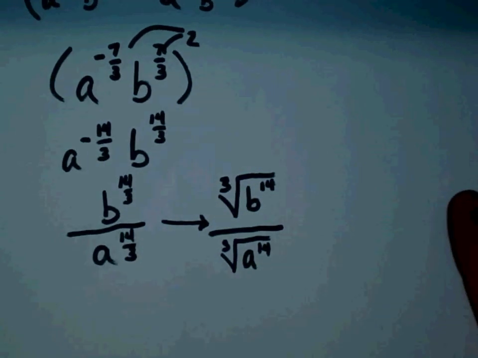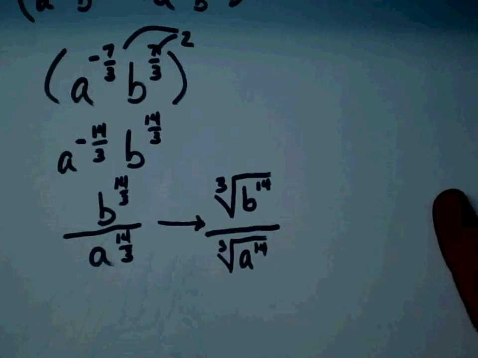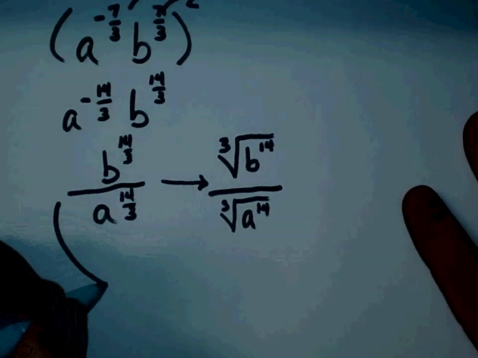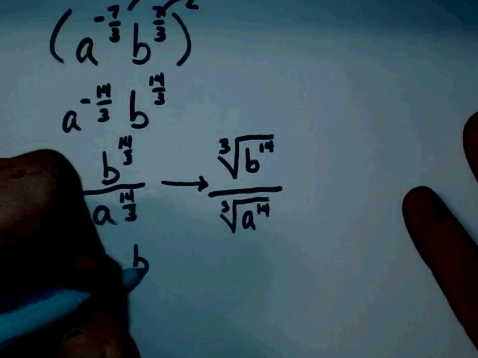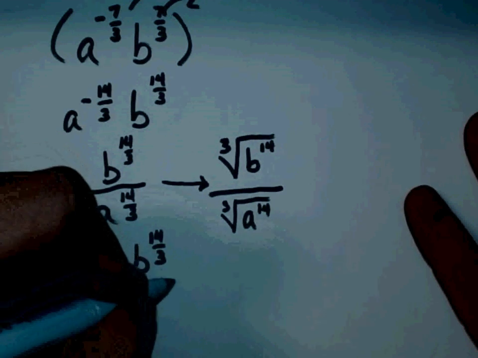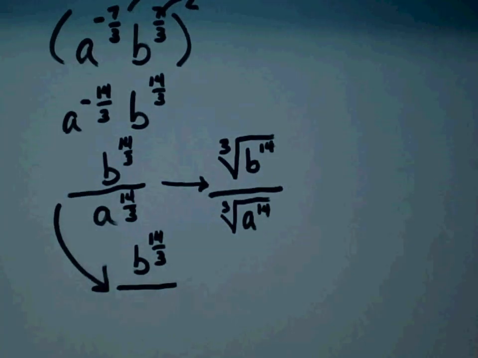All right, and so now let's deal with rationalizing that. So we're going to bring this stuff down. The top, I don't have to rationalize anything. It is what it is right now.